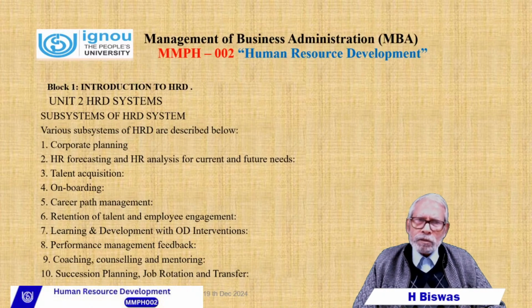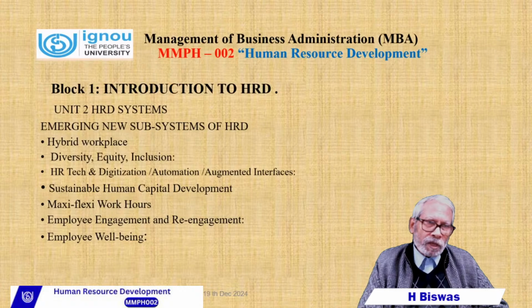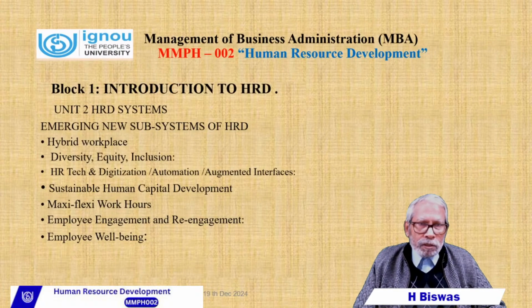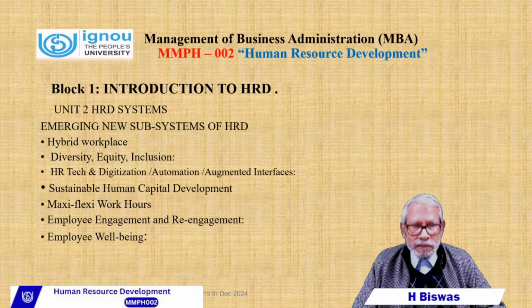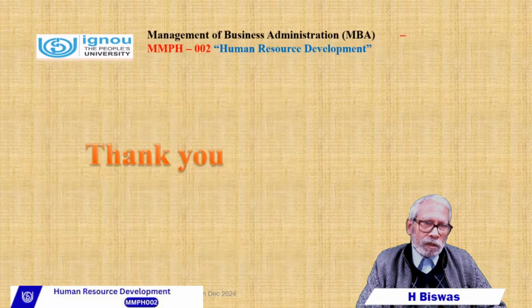Some of these we have already pointed out in the earlier slides. Here is just a list of your subsystems. Then there are emerging new subsystems: hybrid work culture, maxi-flex, employee engagement, and employee well-being. These are again some of the subsystems of HRD.